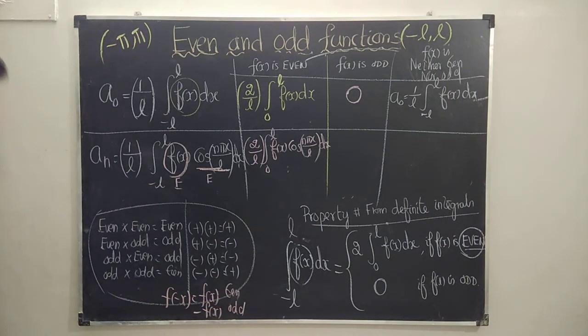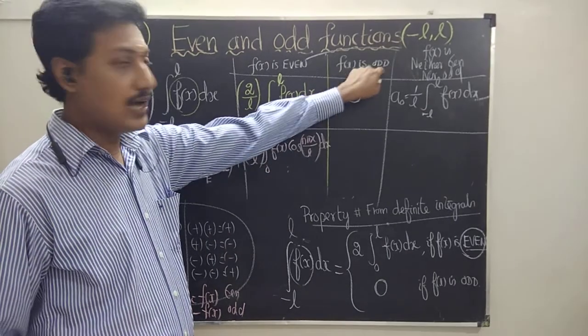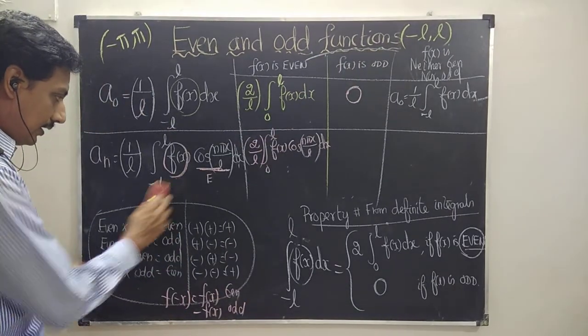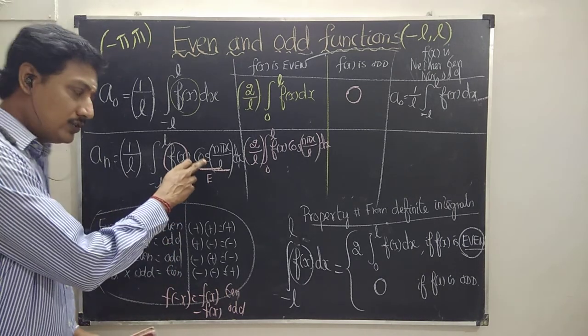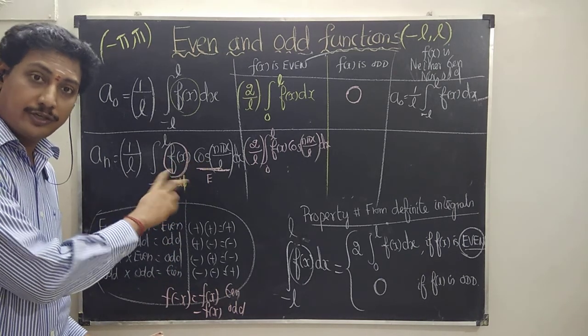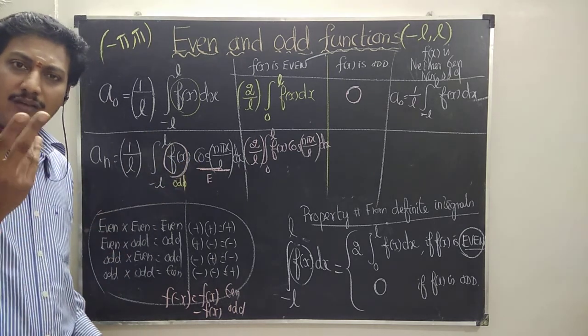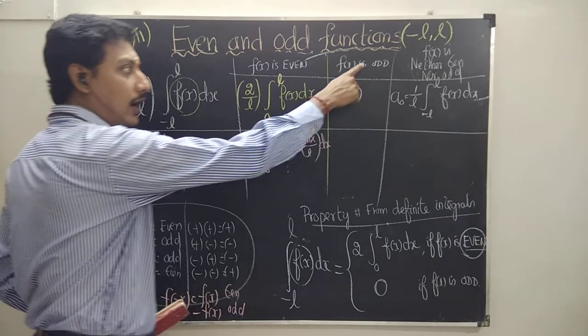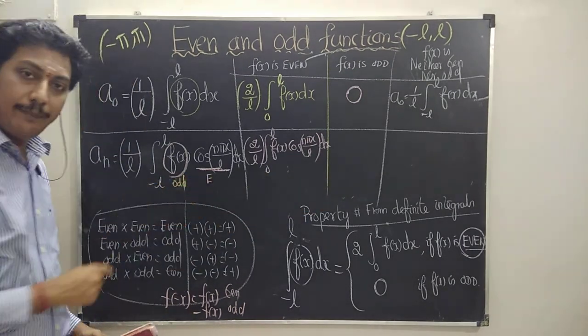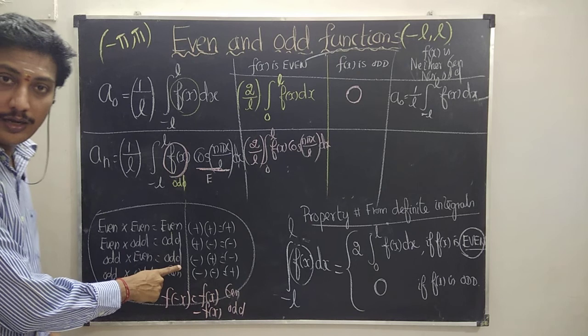Now the second case: suppose f of x is odd. The cosine function is always an even function, but f of x is now an odd function. So odd into even is odd.